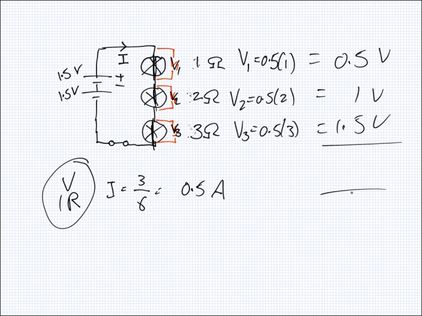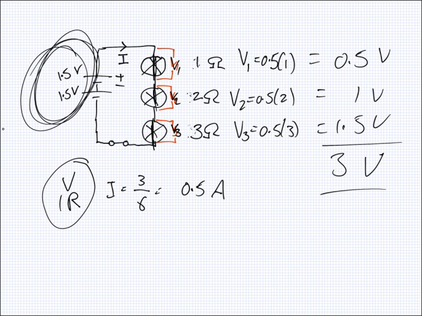By the way, if you add those 3 voltages together, what do you get? 3 volts, which you should. Because the voltage consumed by the lamps must equal the voltage provided by the battery. Because this is conservation of energy.